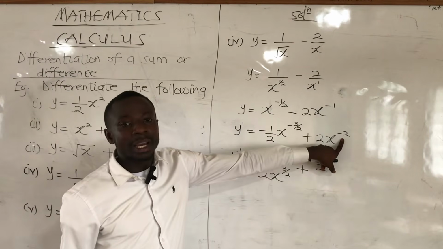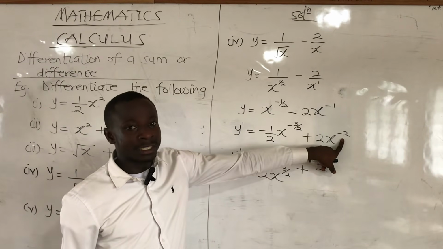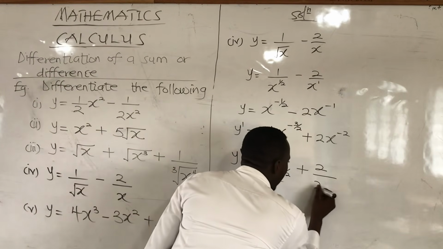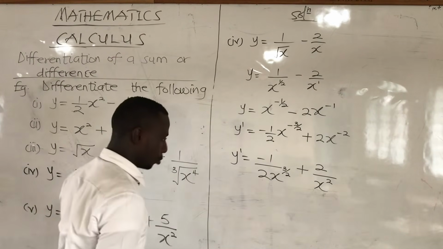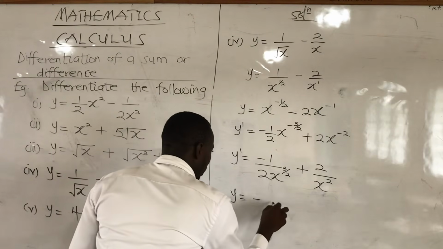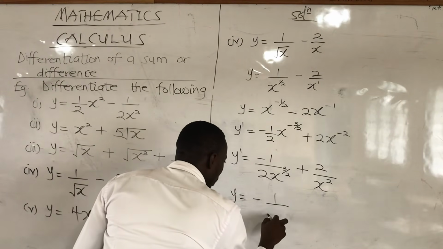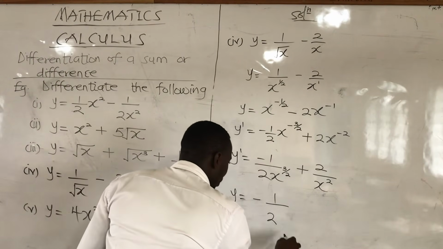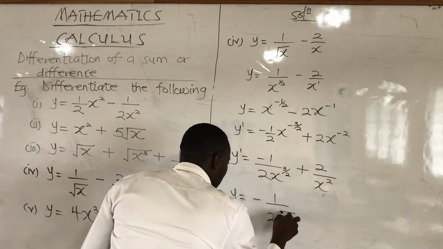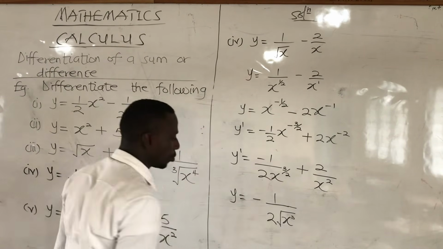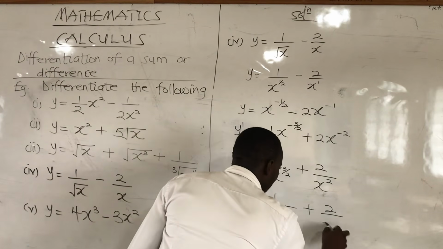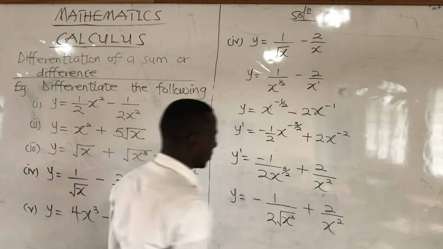Here we can see that the exponent is also negative, so we have to bring it down, and it becomes over x power positive 2. In that case, because of the negative, you have negative 1 over 2 multiplying the root of x cubed, so minus 1 over 2 root x cubed plus 2 over x squared.